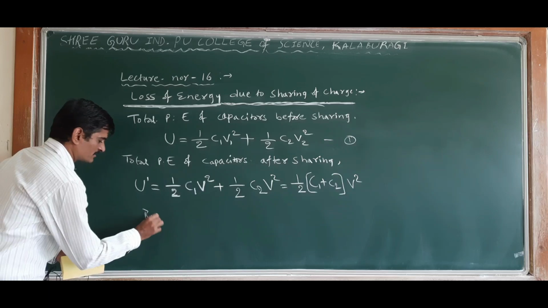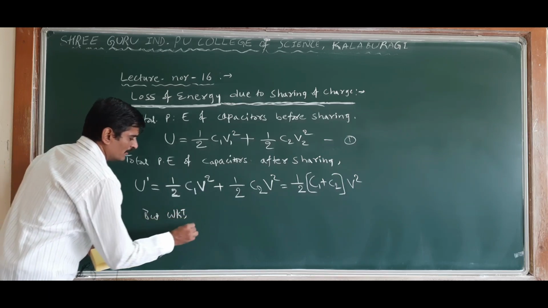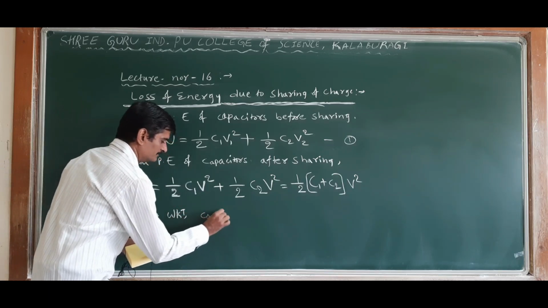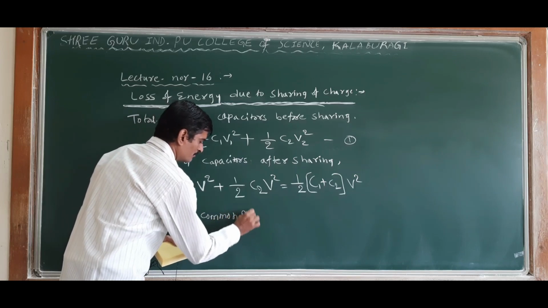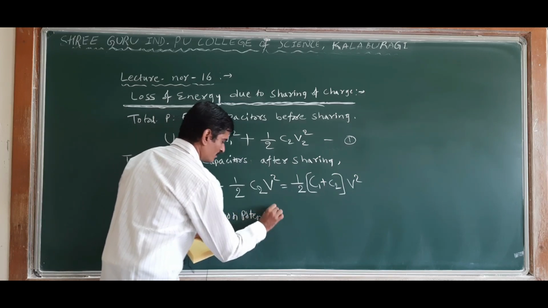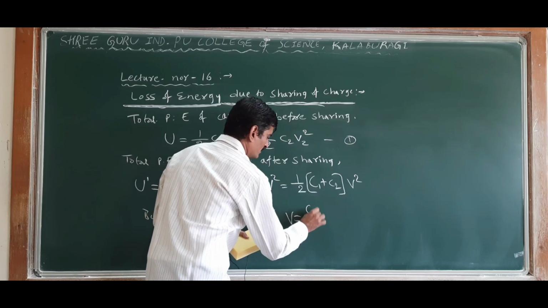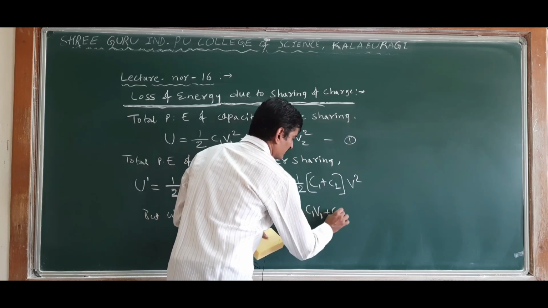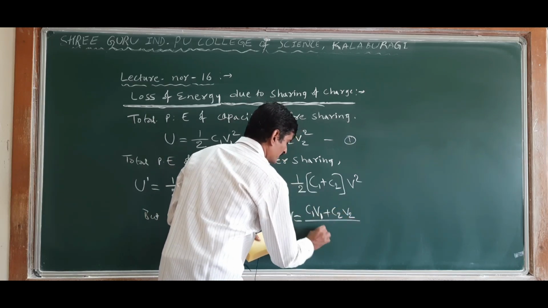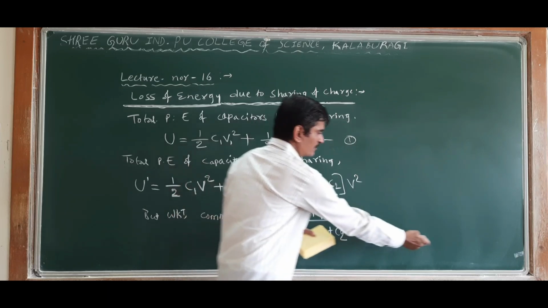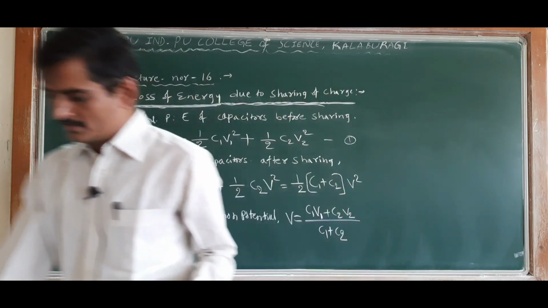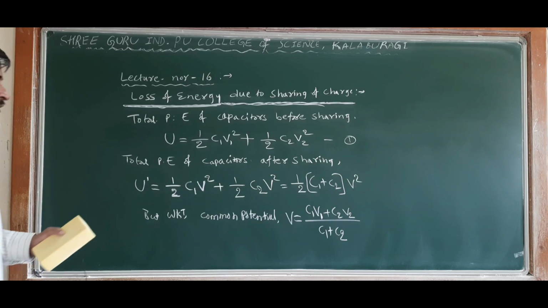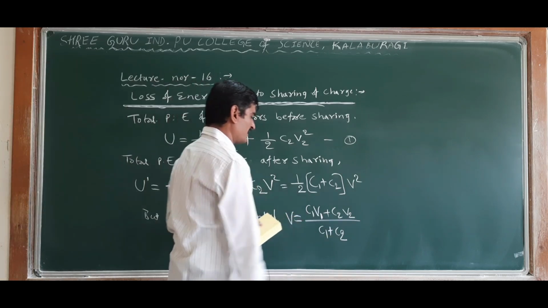But we know that V, that is the common potential, is equal to (C1 V1 plus C2 V2) divided by (C1 plus C2). Just now we have derived the common potential, V is equal to (C1 V1 plus C2 V2) divided by (C1 plus C2).